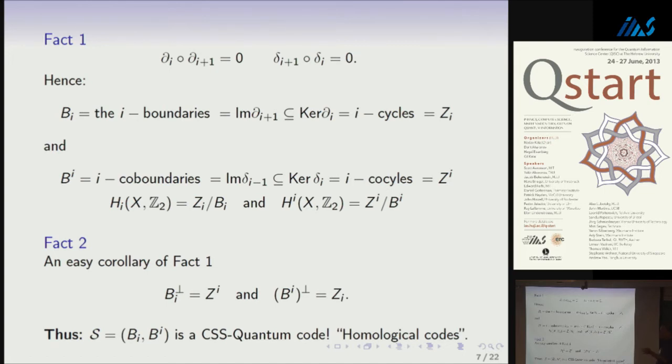Every simplicial complex, for every i, gives you a quantum error correcting code of type CSS. So the pair of boundaries B_i and coboundaries is a CSS quantum code, and this we will call a homological code.